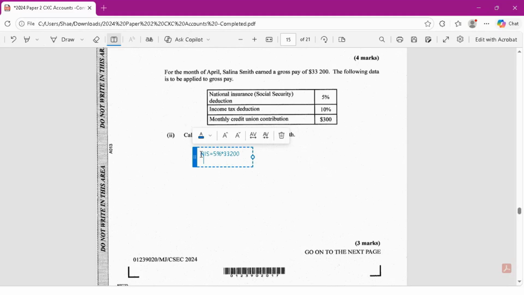And that is equal to $1,660. Her income tax is equal to 10% multiplied by the 33,200, which is equal to 3,320.